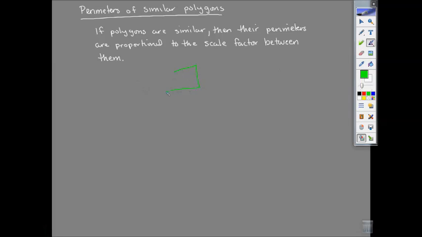let's do just a general quadrilateral. And those aren't at all similar, but pretend that they are.